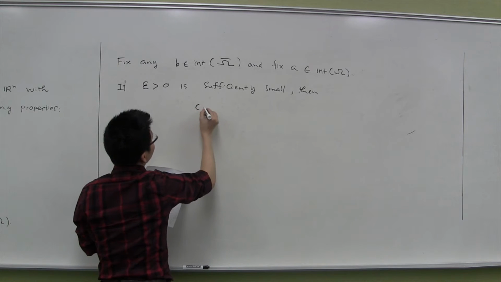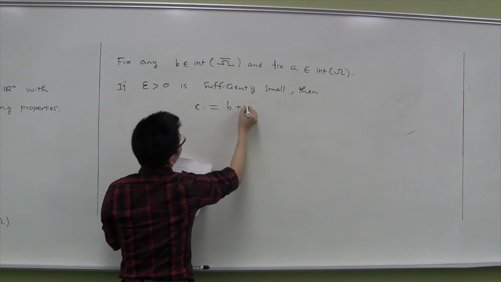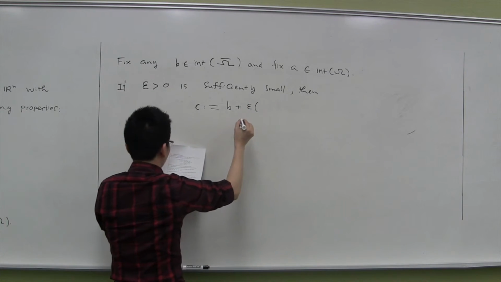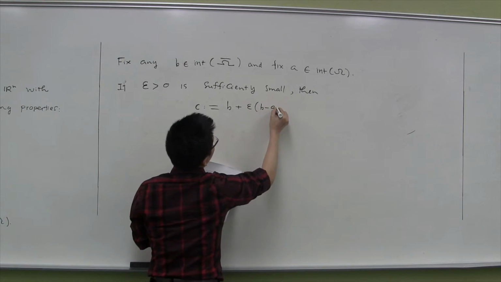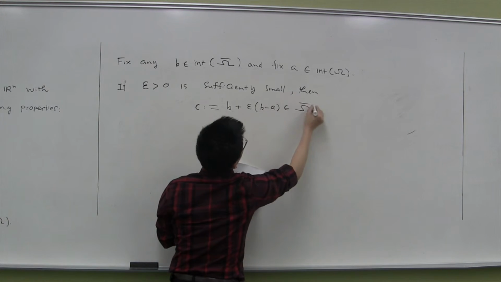The element C defined by B plus epsilon times (B minus A) belongs to the closure of omega.